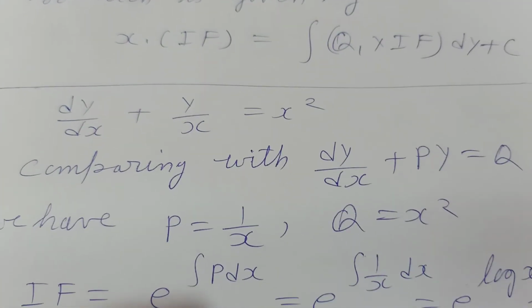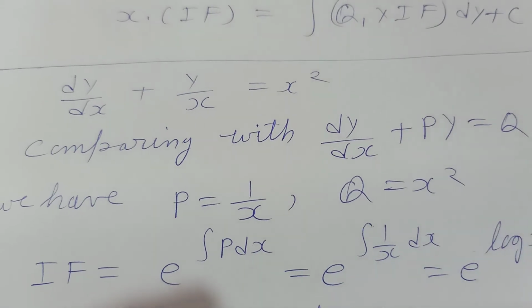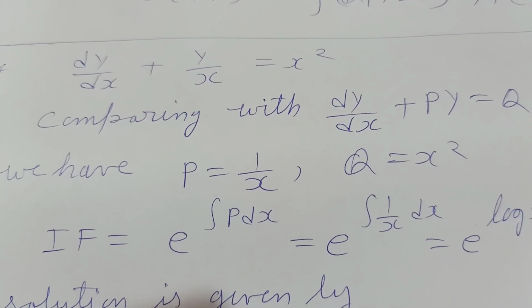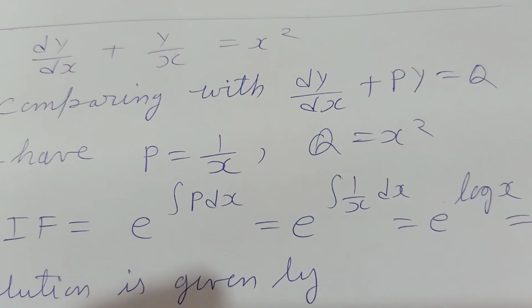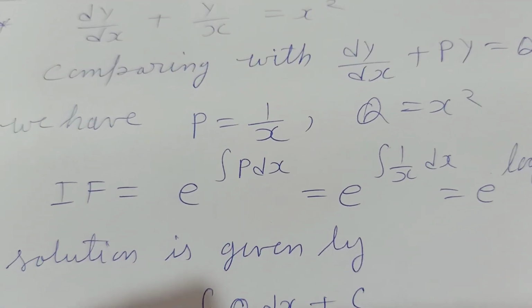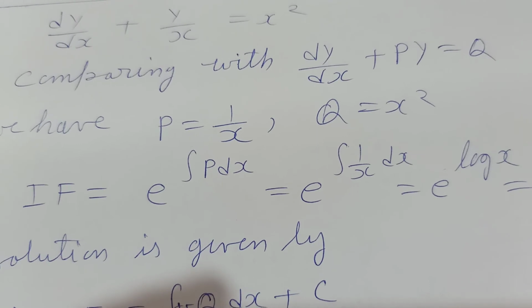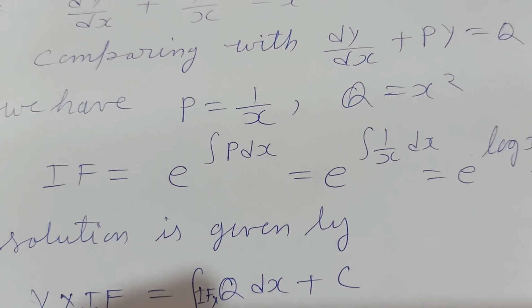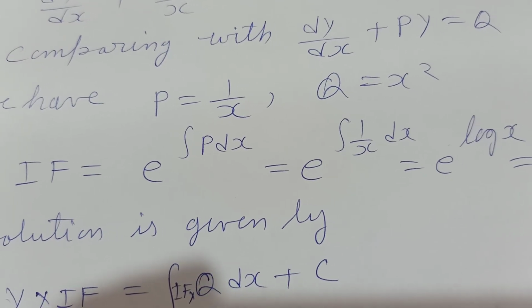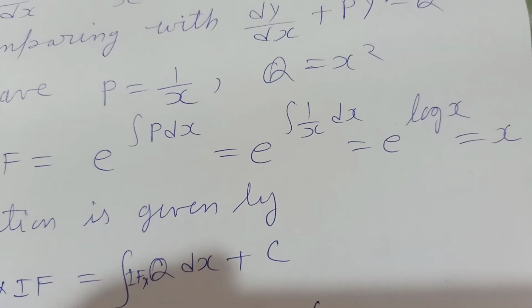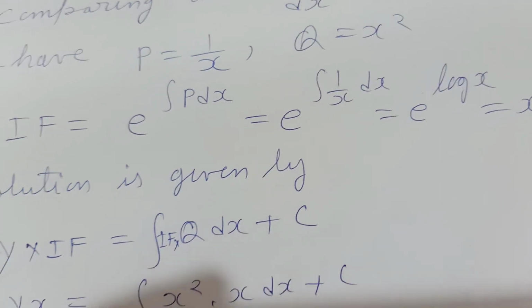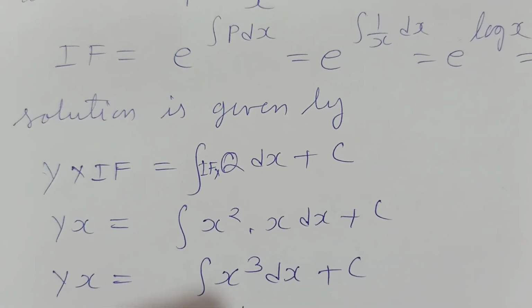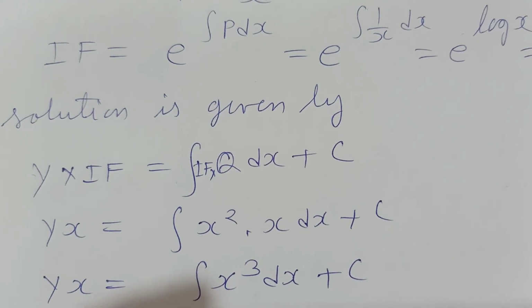First one is dy/dx plus y/x equal to x square. Now comparing with dy/dx plus py equal to q, we can say p equal to 1/x, q equal to x square. Now we find IF, that is e raised to the integral of p dx, that is e raised to the integral of 1/x dx, or e raised to log x. E raised to log x means only x, and we will write the solution now. y into IF equal to the integral of IF into q plus c.